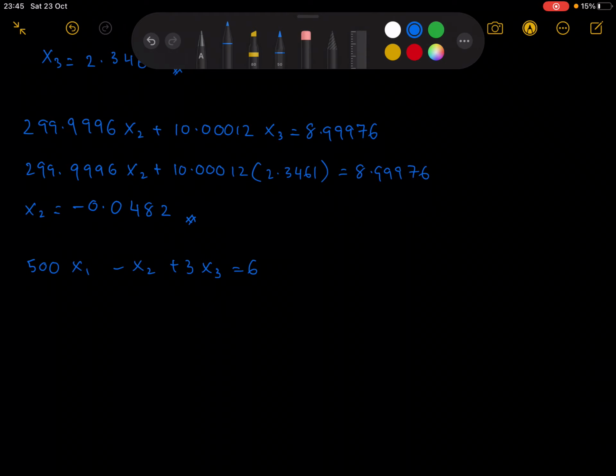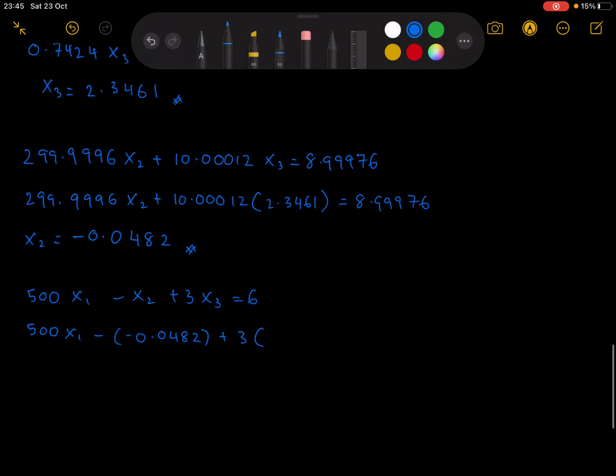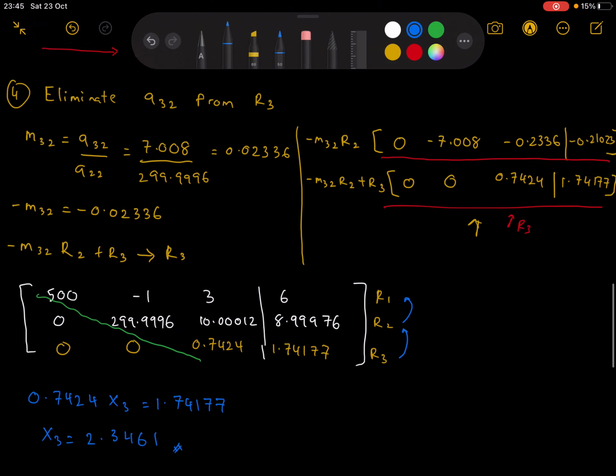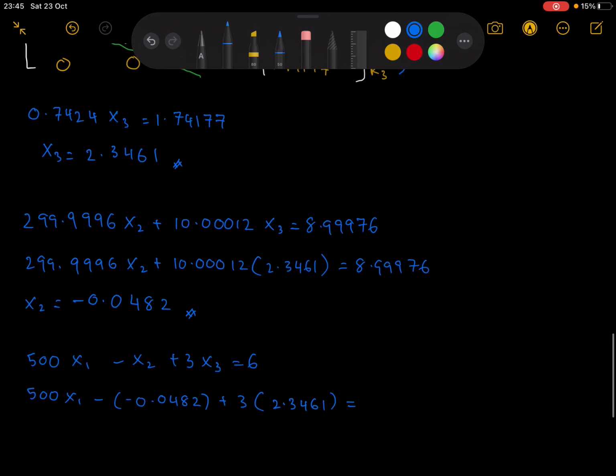So 500 x1 minus negative 0.0482 plus 3 times x3, which is 2.3461, is equal to 6.